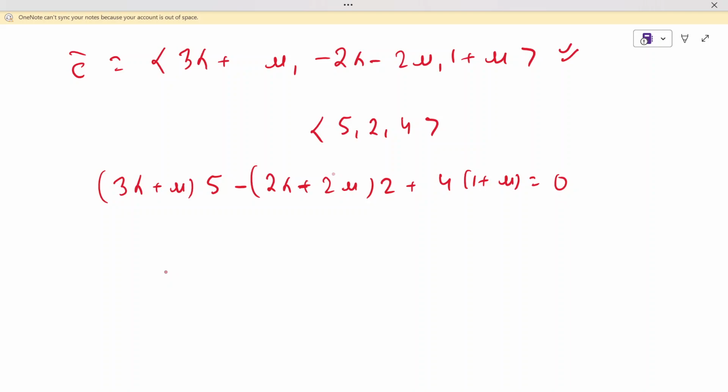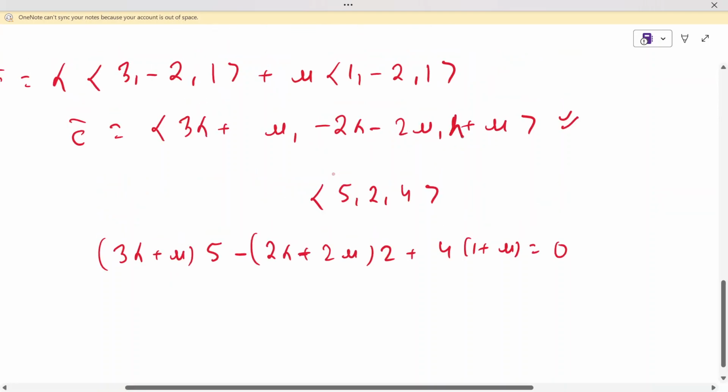So we have 15 lambda plus 5 mu minus 4 lambda minus 4 mu plus 4 lambda plus 4 mu, that should be equal to 0.